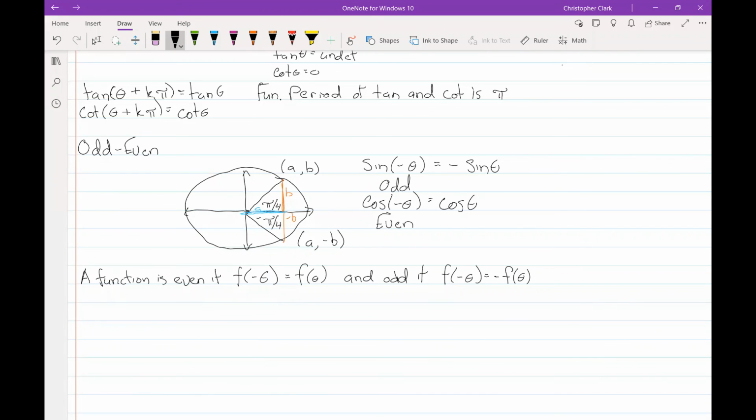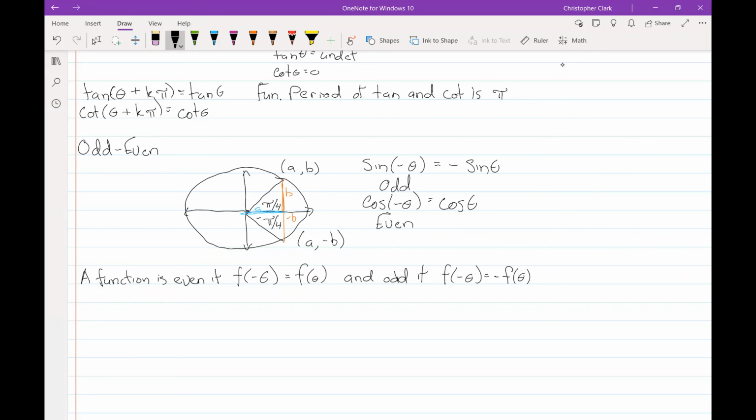Now because we know that cosecant, secant, tangent, cotangent are all related to sine and cosine, just inverses and fractions and stuff, we can actually go through and figure out if cotangent and tangent or secant and cosecant are odd or even, just by setting it up in this way, and we'll find that it turns out to be pretty simple to do that.